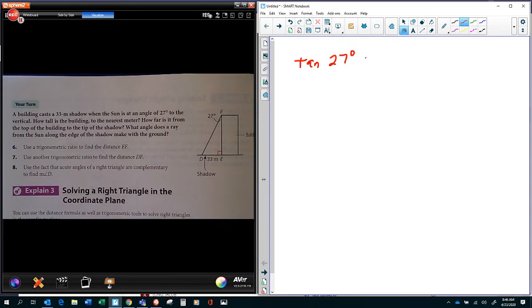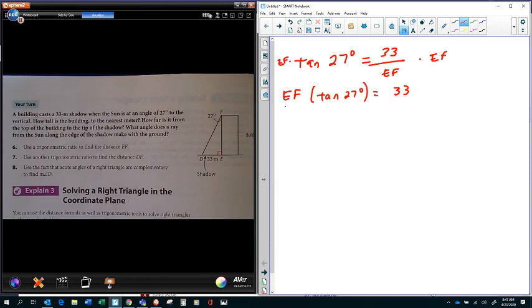Okay, tangent 27 degrees is equal to the opposite, which is 33, over the adjacent, which is side EF over here. So I'm just going to put segment EF. At that point, we just need to use our algebra. I need to eliminate EF from the denominator, so I multiply both sides by EF, and it becomes EF times the tangent of 27 degrees equals 33.